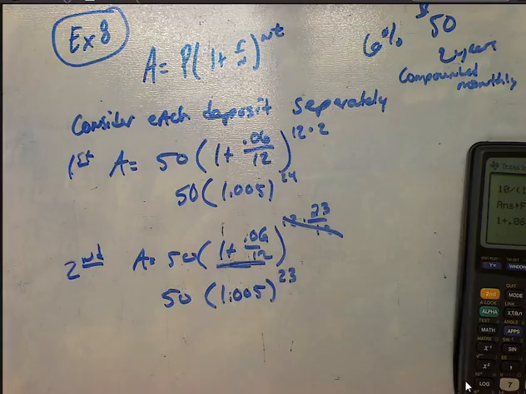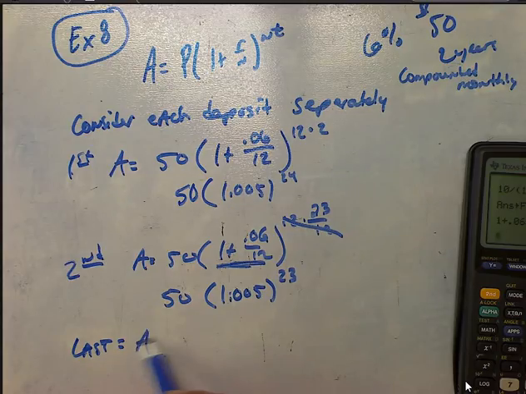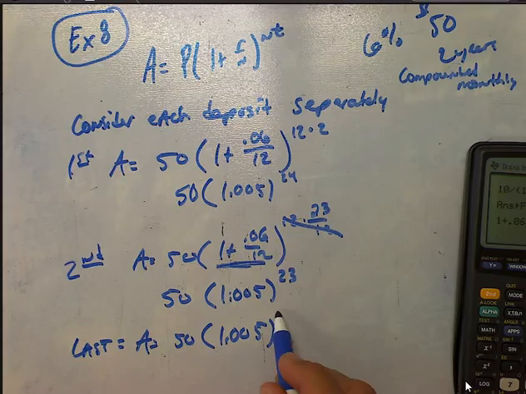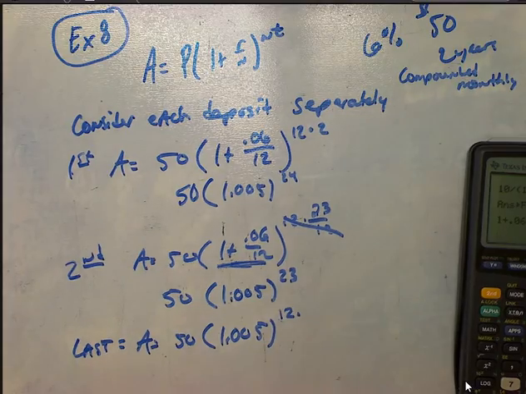And if you follow this pattern all the way down to the very last deposit, the amount is going to be 50 bucks times 1.005 to the first power. And I'll go ahead and explain how I got that. It's going to be in there for 1 month out of the 2 years, so it's 1 out of 24.